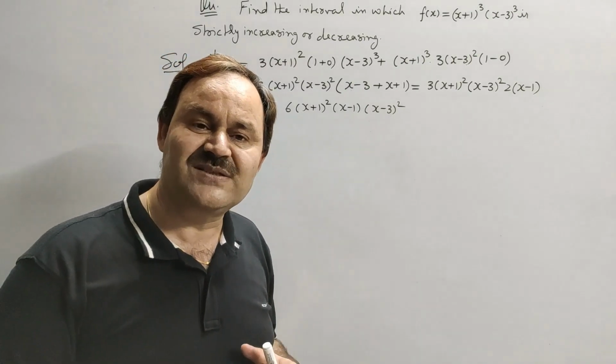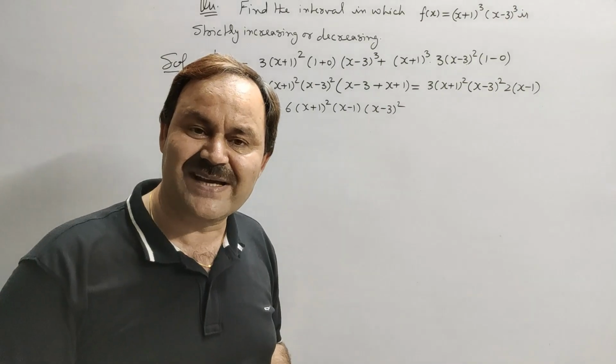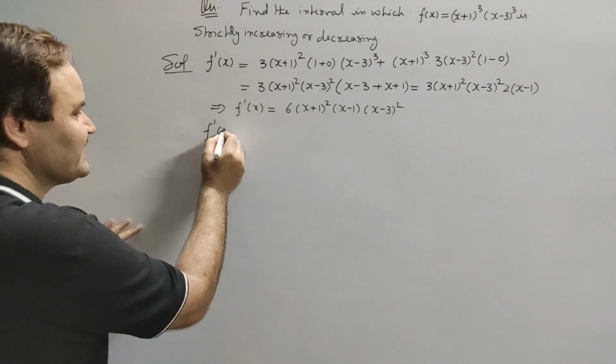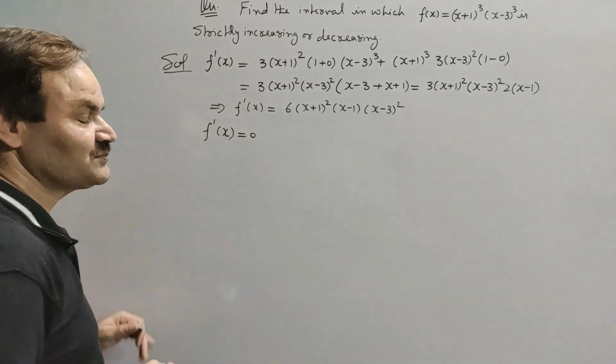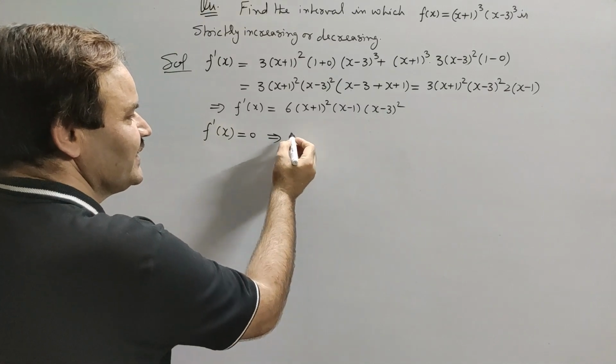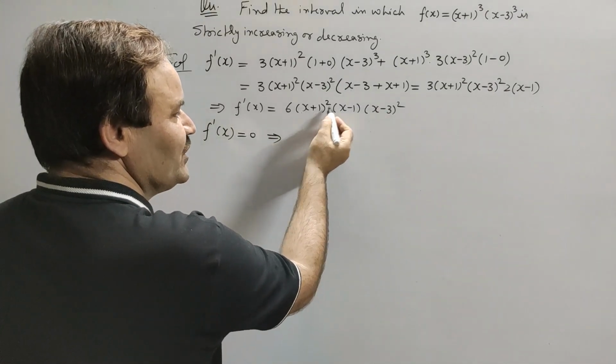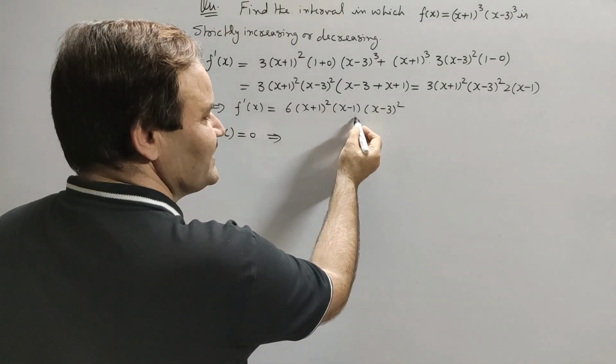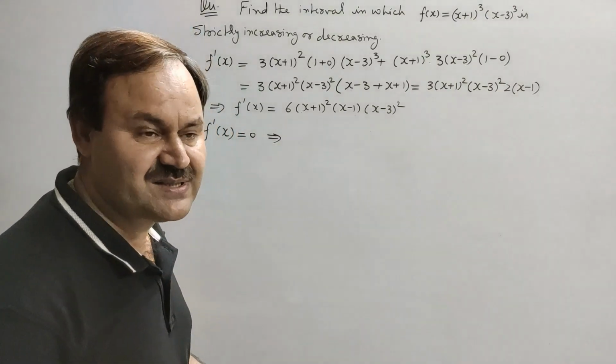If the slope of the tangent to the y versus x curve is 0, then it means f dash x is equal to 0. F dash x equal to 0 implies either (x plus 1) whole square is 0, or x minus 1 is 0, or (x minus 3) whole square is 0.